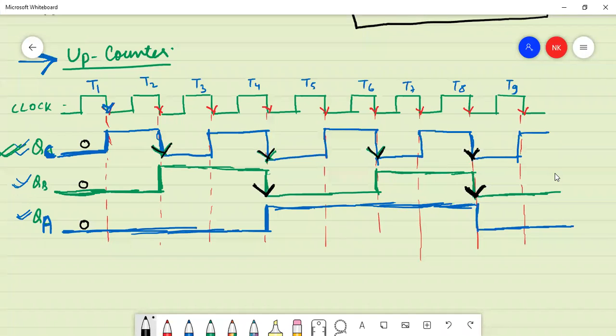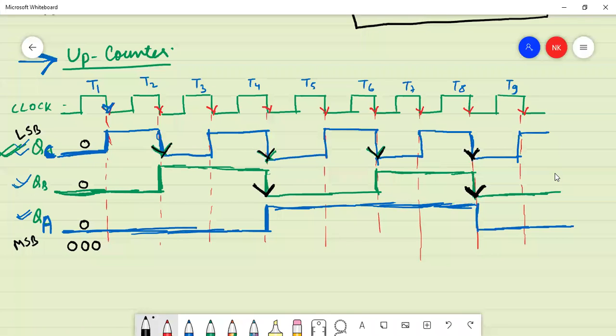So QA is the MSB, and QC is the LSB. So what is meant by MSB and LSB? Most significant bit and least significant bit. Very good, Bharat. So firstly I will write the value for A, then value of B and then value of C.